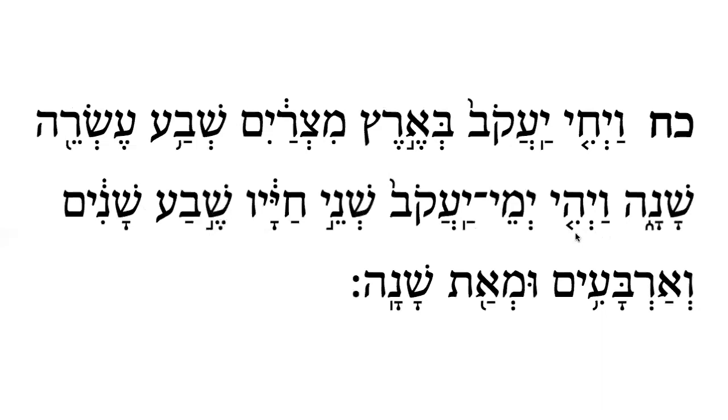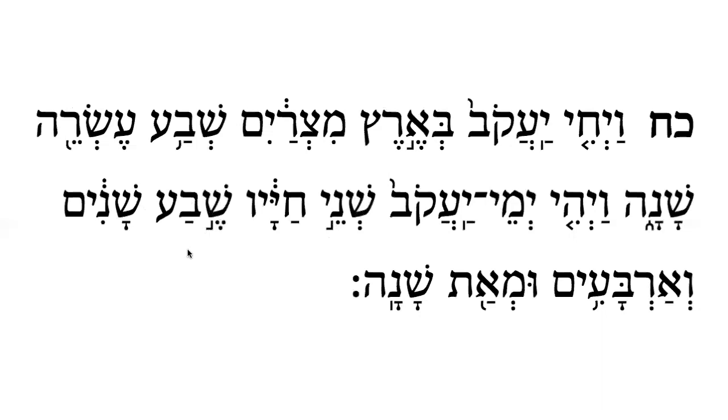So this is Vayechi Yemei Yaakov. Okay, and this is Shnei Chayav, which is Munach Katon. So this is Shnei Chayav. Okay, and this is Sheva Shanim, which has Munach Katon. It's the same as this. Okay, so this is Sheva Shanim. The only difference is that here the trope mark is in the beginning, so the accent is on the beginning, and here it's on the end. So this is Shnei, and this is Sheva.